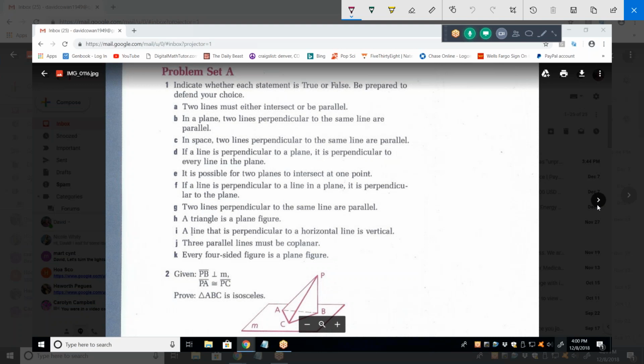But because they did not add that, that has to be false. Presuming that that's not to be assumed, and I can't really tell, but given the nature of the other questions, I think that he would have to say in the same plane. Okay. Yes. So B, in a plane, two lines perpendicular to the same line are parallel.